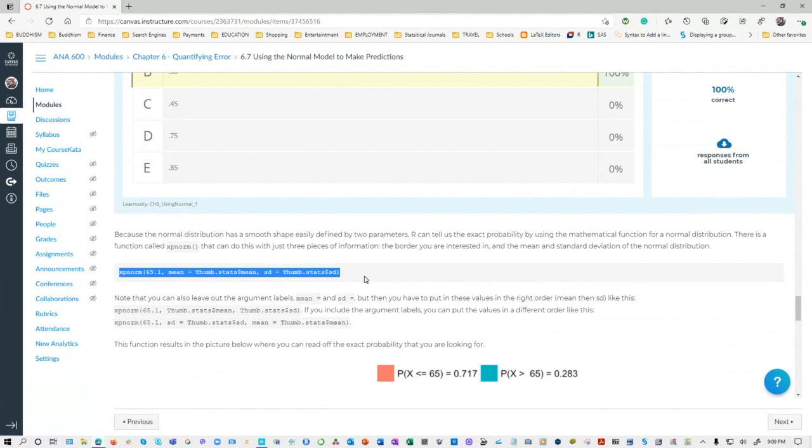You don't need the tally anymore because we are assuming our distribution is a bell-shaped distribution with a standard deviation of this much and a mean of this much. So this is how we find the probability in a normal distribution.